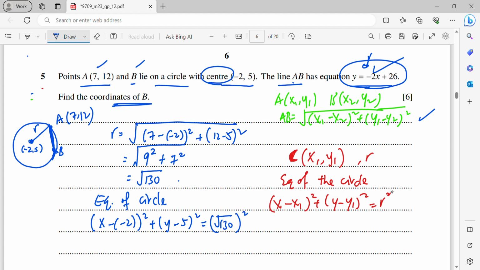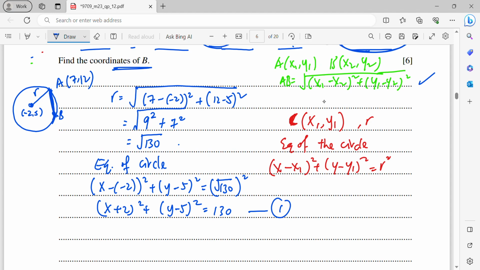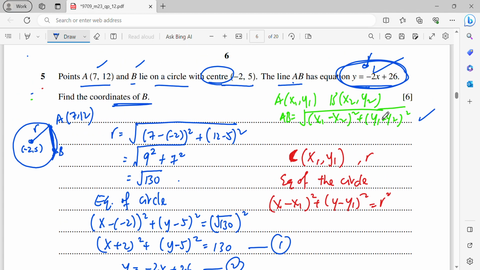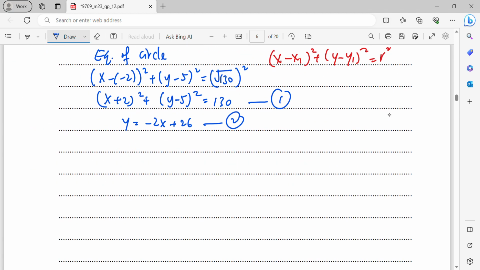So now I will get (x plus 2) squared plus (y minus 5) squared equals 130. That is my equation of the circle. I will let this be my first equation, and this straight line will be my second equation. So y equals negative 2x plus 26 will be my second equation. Now I will substitute the second equation into the first equation in order to get the intersection points.